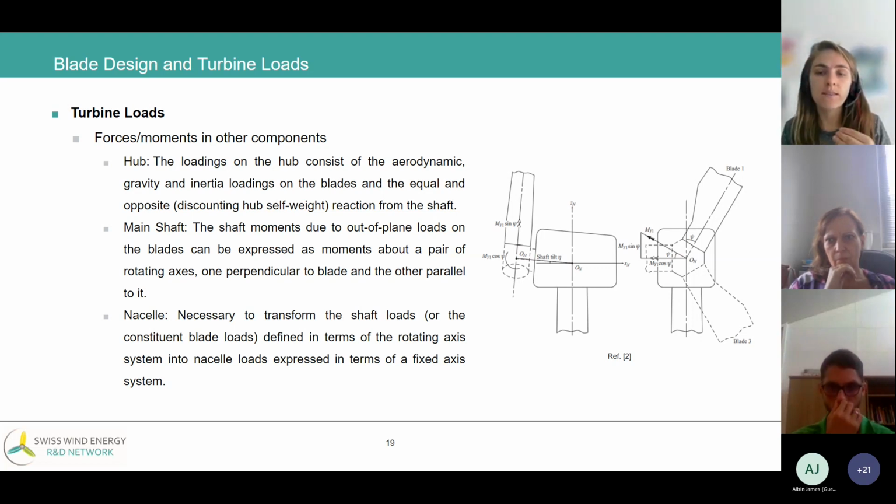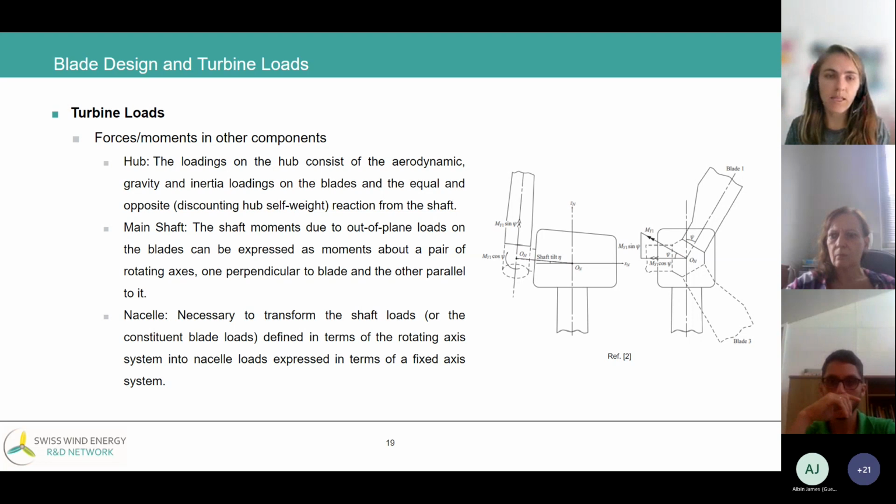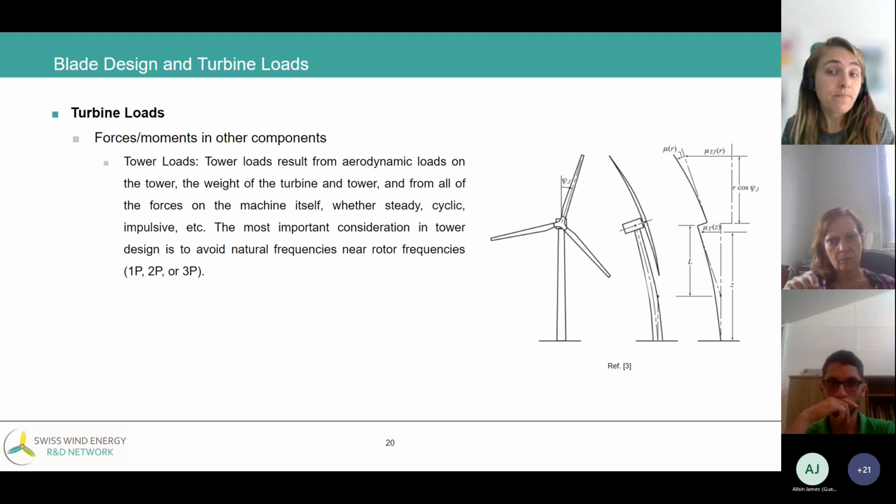So all of these angles, in combination with the moments, will create the loads on the other components. And finally, tower loads.